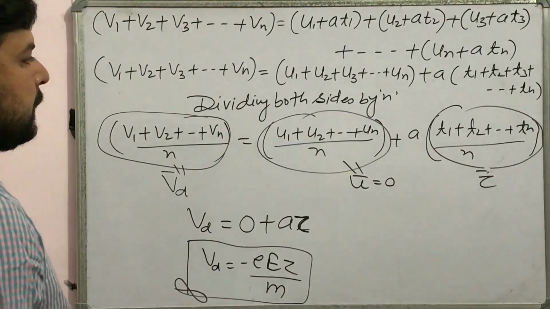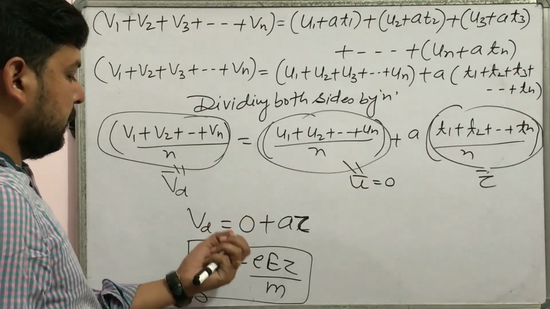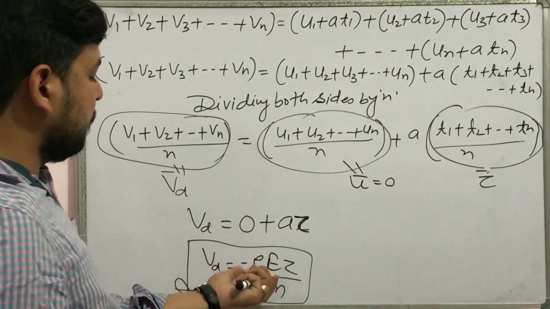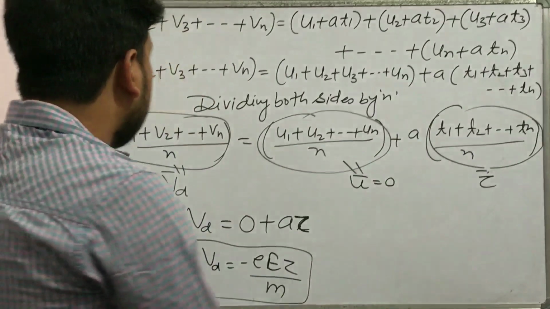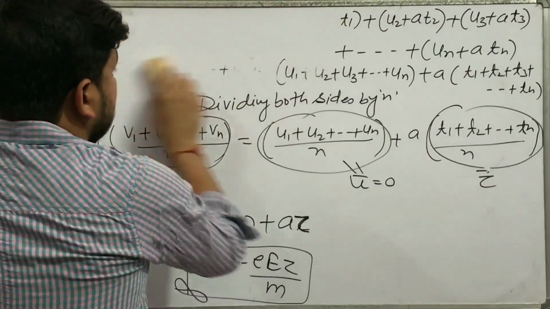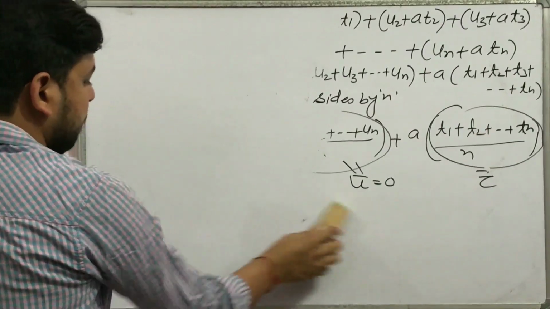Now here two kinds of things come up. There are two terms or important expressions related to this expression, Vd equals minus eE tau upon m. That is the effect of temperature. So let us talk a little about the effect of temperature.